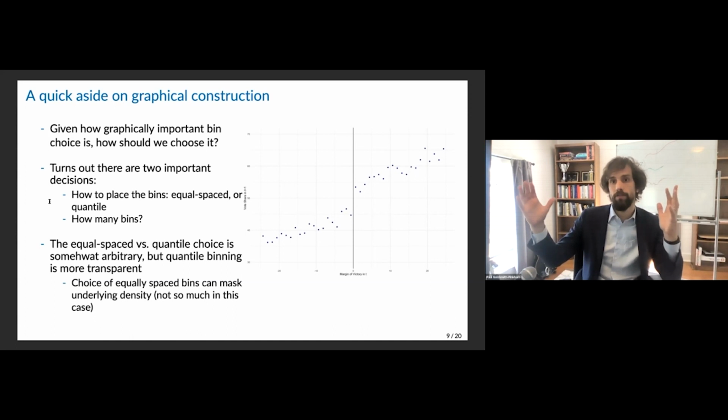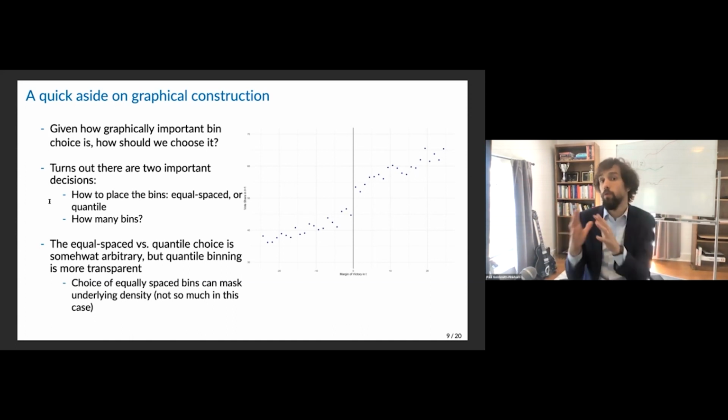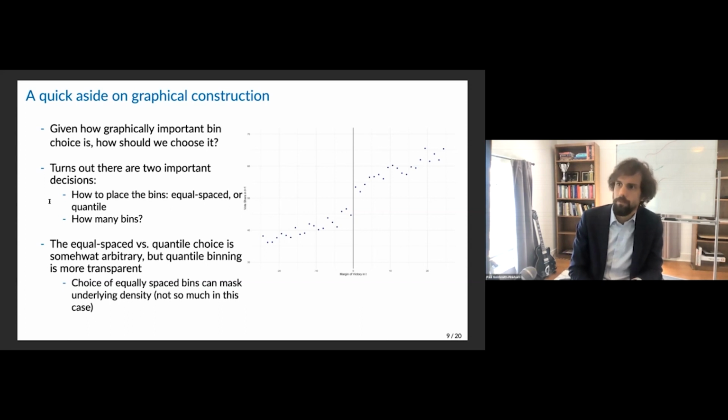The bigger your window is, the quantile method is going to want to put very few points around your cutoff, which is going to make it not very transparent. So if you're thinking about quantile binning, the problem is that you need to think very carefully about what window you're choosing.